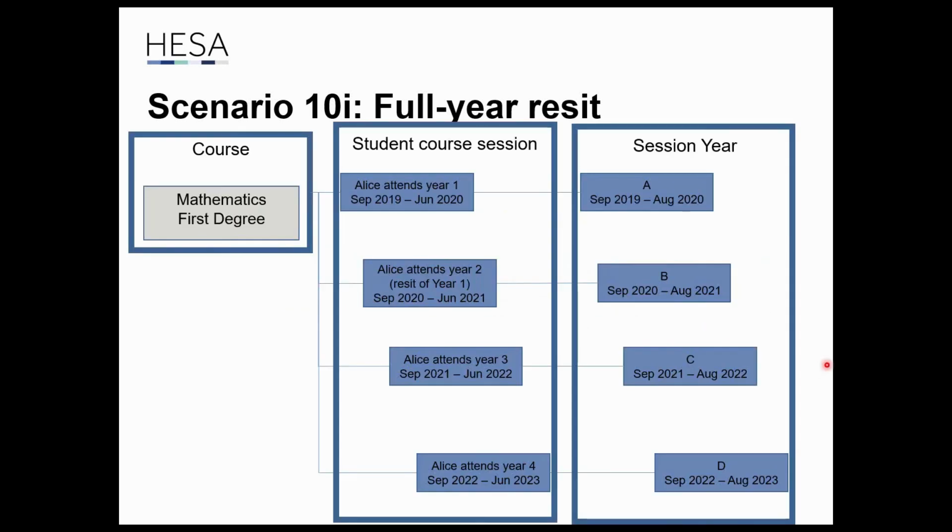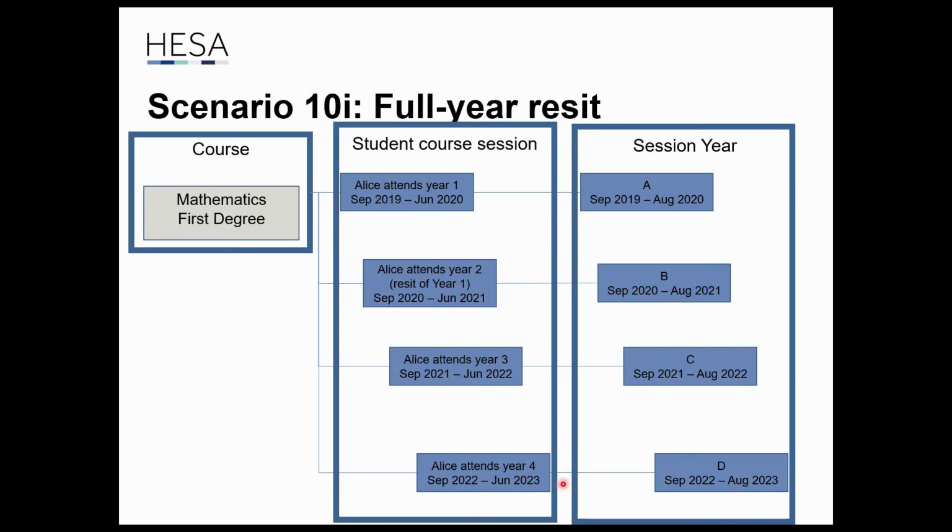In terms of the student course sessions and session years, it looks quite similar to a full-time student, I guess. She's starting off in year 1, and then she's resitting year 1 again. And it would look like she's attached to the same buckets because all she's done is defer for a whole 12 months. So she's still on the same kind of cadence of session years.